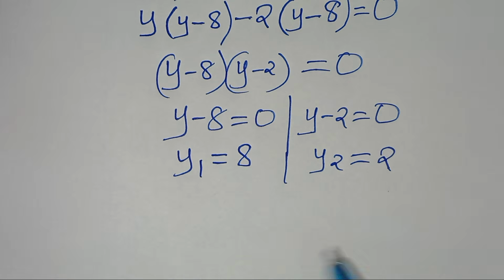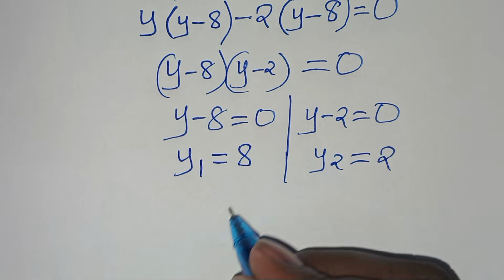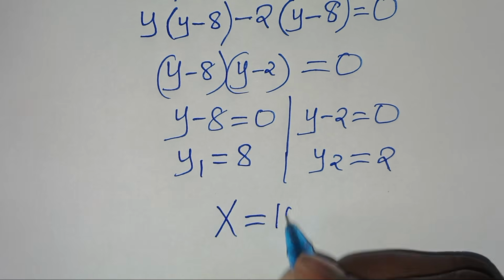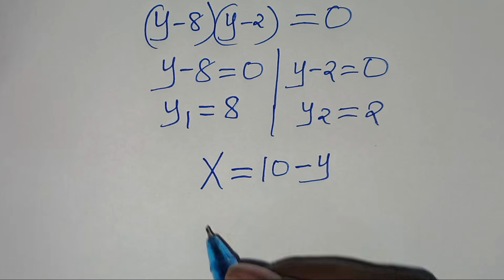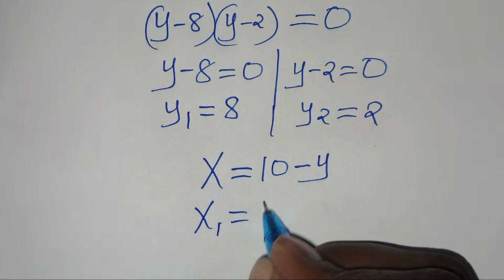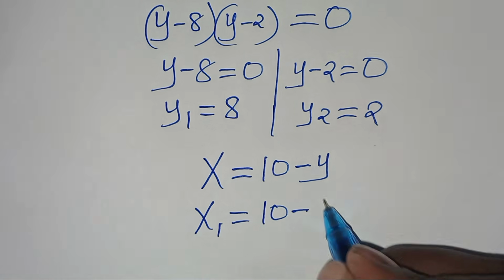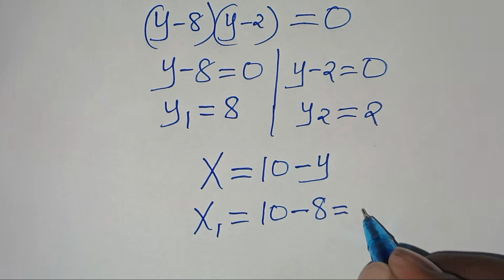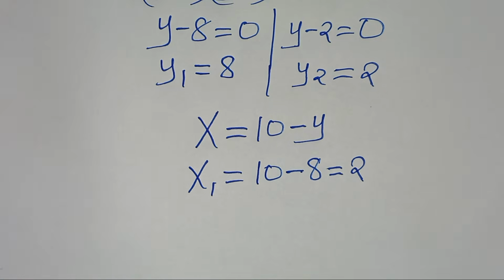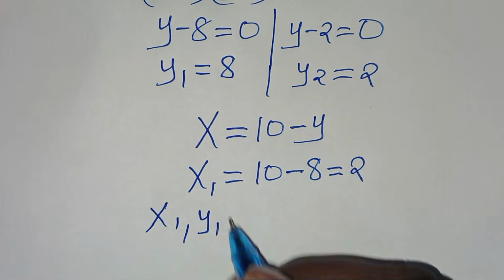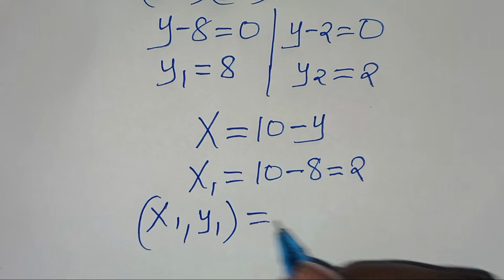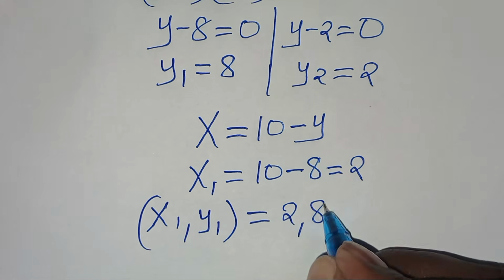So let's solve for the corresponding values of x. Remember, x is equal to 10 subtract y. So we can solve for x1. x1 will be equal to 10 minus y1, which is 8, and this is equal to 2. So we have the first set of solution here, x1 comma y1, equal to 2 comma 8.